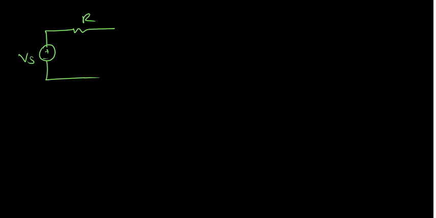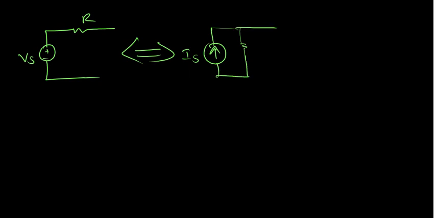Let's take an example. This is a voltage source Vs with a resistance in series. We can change this to a current source Is and a resistor R connected in parallel.